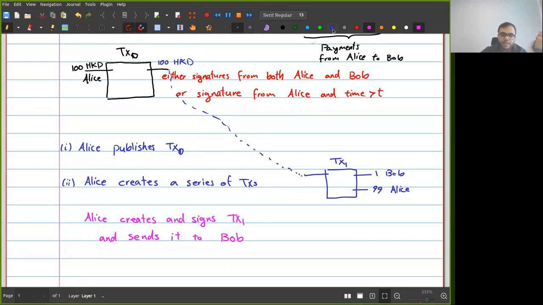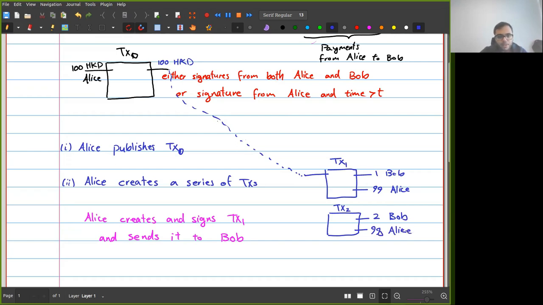Now, we said that in the next unit of time, let's say Alice wants to pay Bob 2 units instead of 1. So Alice creates another transaction, this time giving 2 to Bob and 98 back to herself.